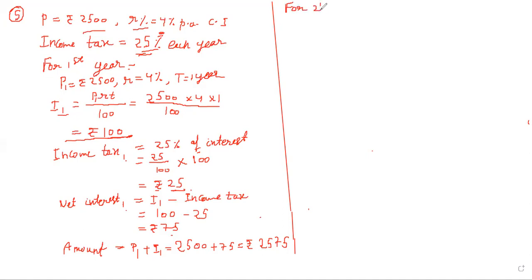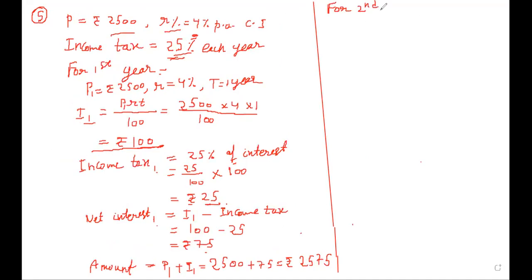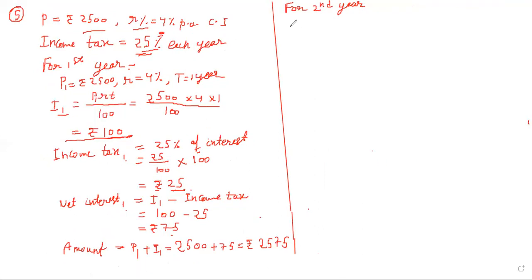For the second year, principal is the same as the amount for the first year, that is rupees 2,575. Find the interest on this sum using the same formula. In place of I1 there will be I2, in place of P1 there will be P2.